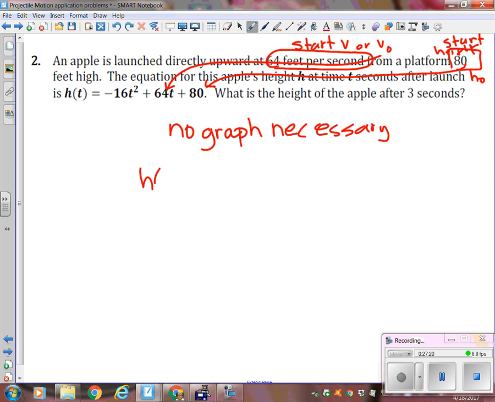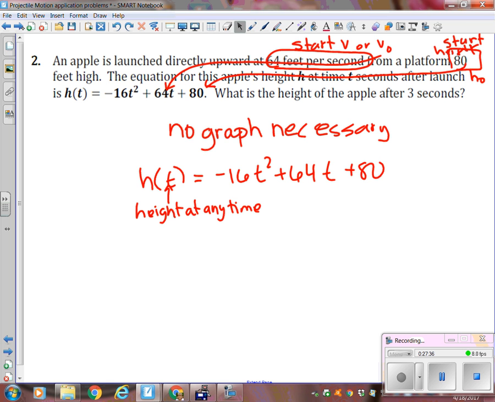Remember, that's the height equation at any time: negative 16 t squared plus 64t plus 80.